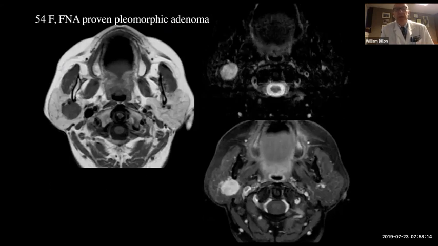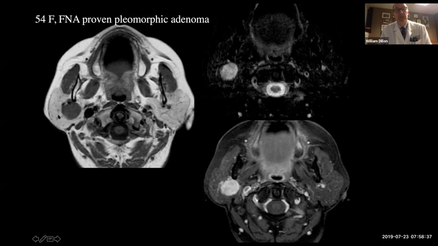Okay, here's your classic mass that you see in a parotid gland. You see that it's located just posterior to the retromandibular vein and external carotid artery, which are being pushed anteriorly. The facial nerve would probably be coursing around this. You can't really see it very well, but just by its position, it could be this way or it could be that way.